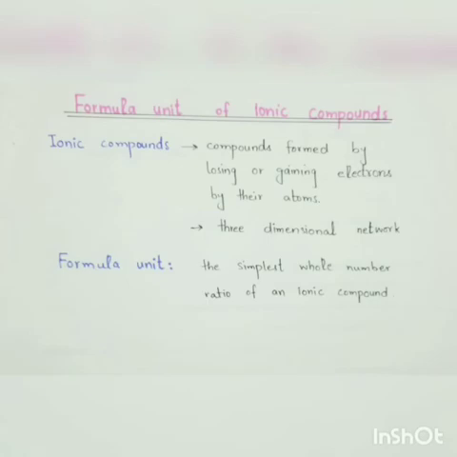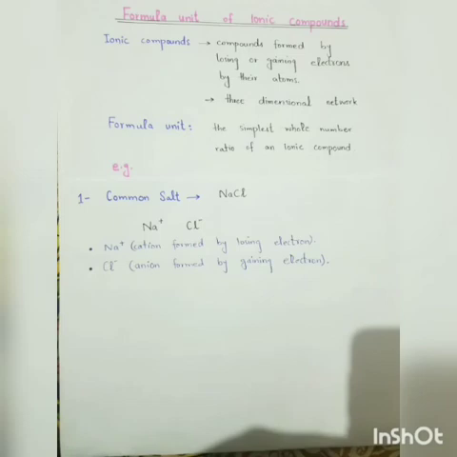examples one by one. First example of ionic compound is common salt, which is also known as sodium chloride, which is represented as NaCl. Now the question arises, why is NaCl known as an ionic compound? So the answer is there are two ions, cation and anion, Na+ and Cl-.